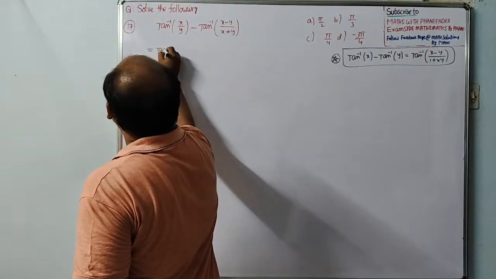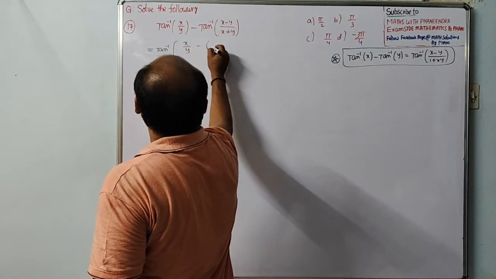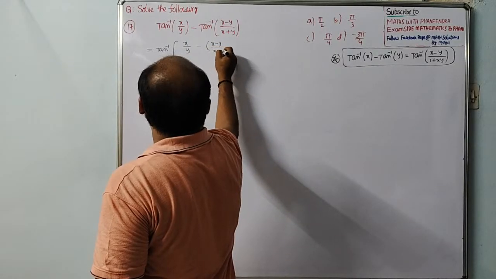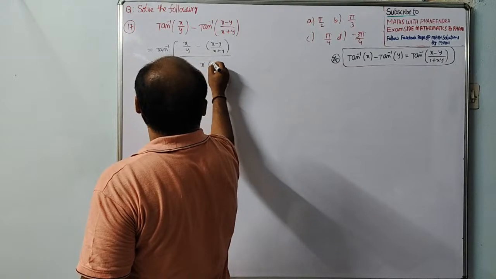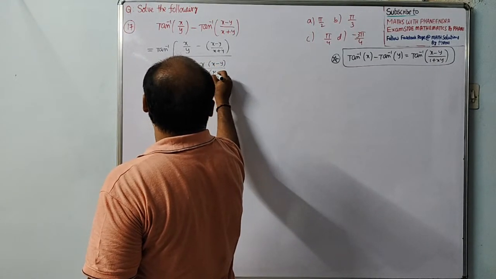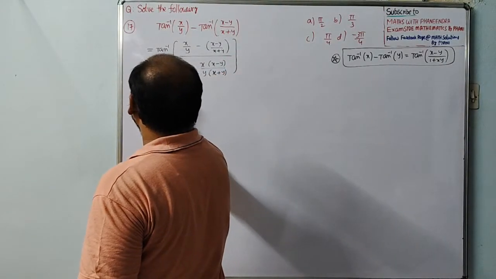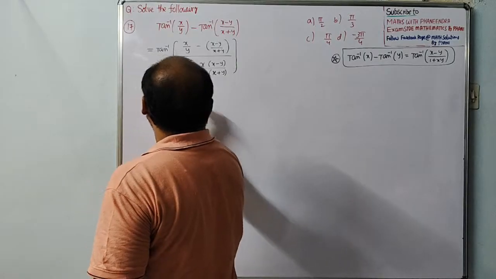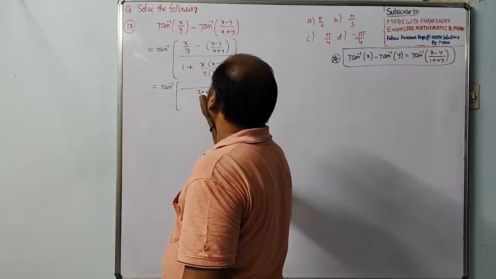So tan inverse of x by y minus x minus y by x plus y, whole divided by 1 plus x by y into x minus y by x plus y. So we need to simplify both the numerator and denominator.